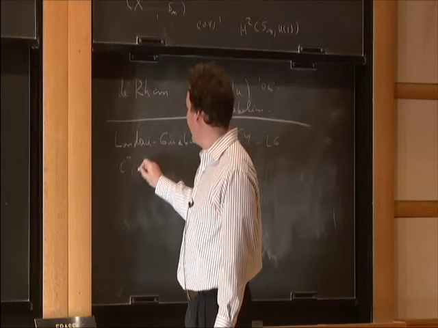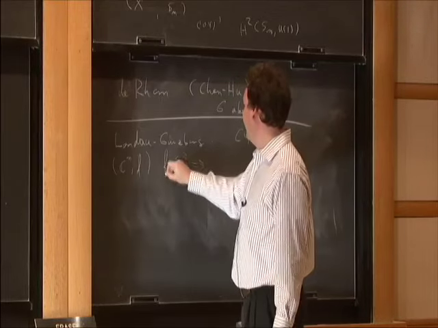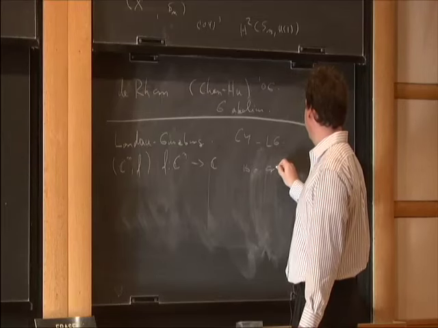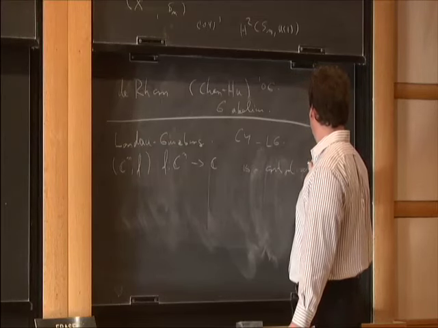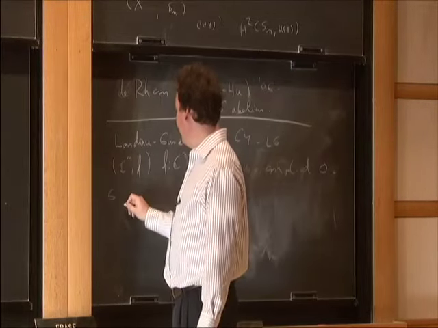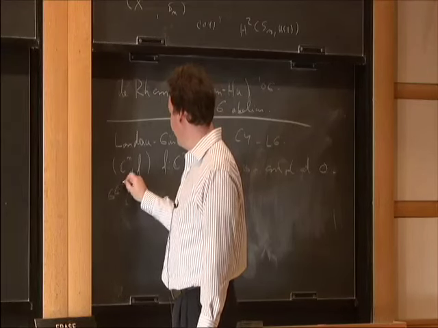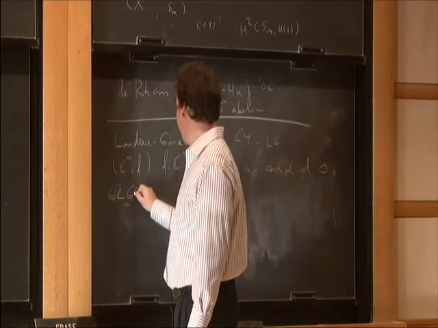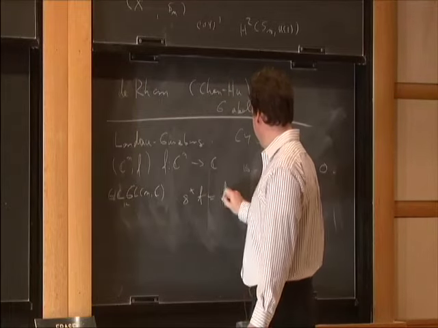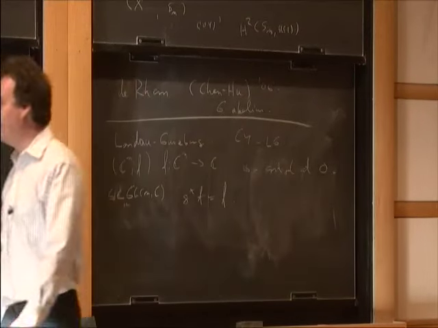So the easiest local model, easiest small model, is you have a function f from C^n to C, and say this has an isolated critical point at 0. And say you have a linear group action G on C^n, such that the pullback of f is f. So f is G invariant.